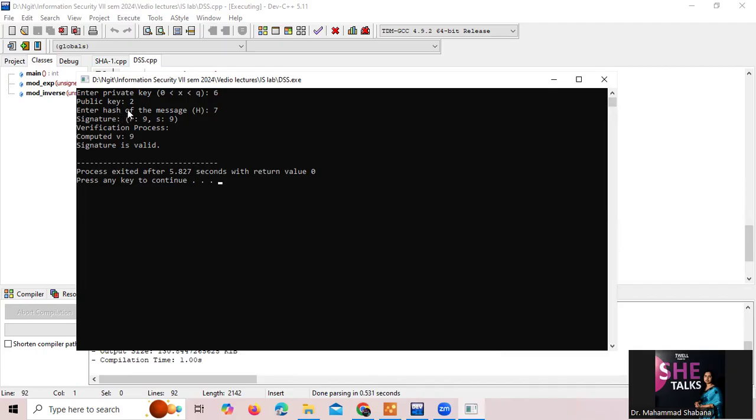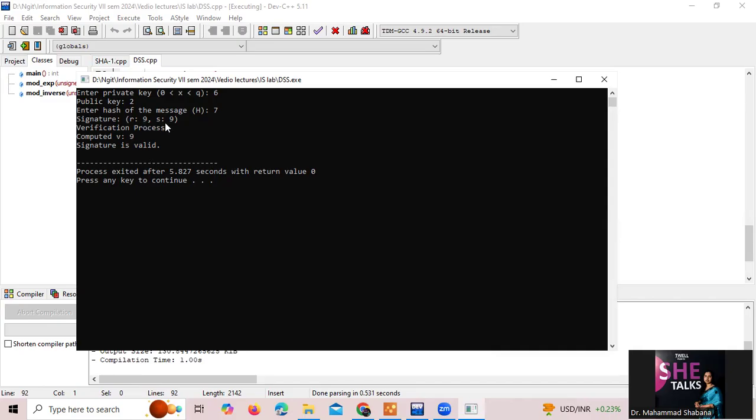The public key we are taking is 2. We are taking the hash of the message, h is equal to 7. Then the signature R is equal to 9. That means the signature generation and verification will be done here. 9 and 9. The verification process is completed. Both are equal, so the signature is verified and it is a valid signature.